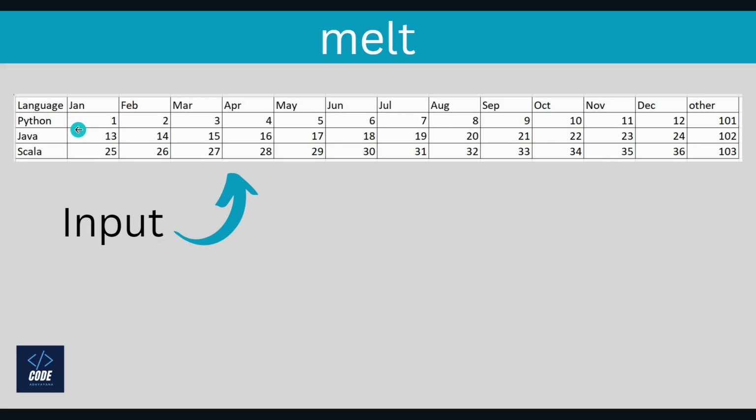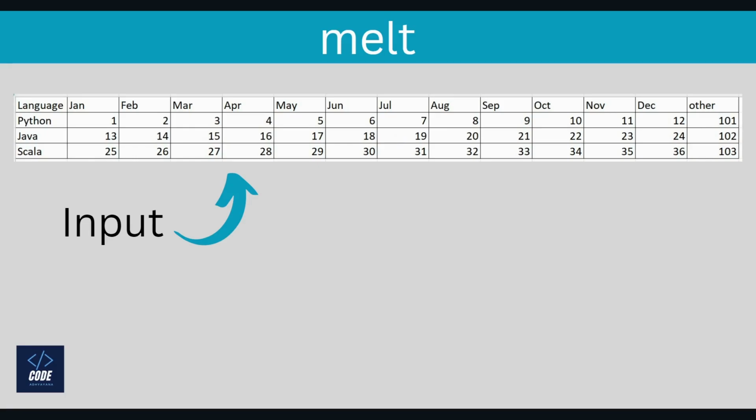If you have data like this, where for each programming language we have the number of views in different months like Jan, Feb, and along with that we have one more column, that is other.